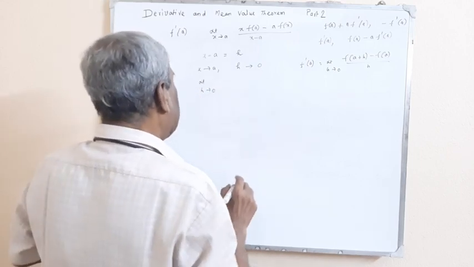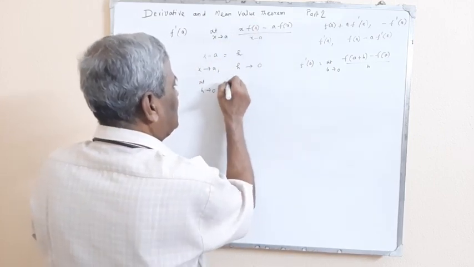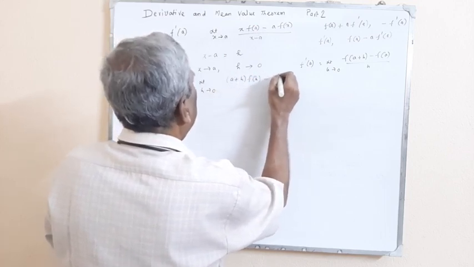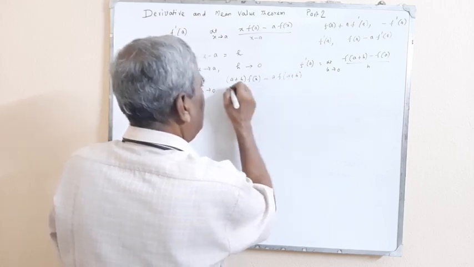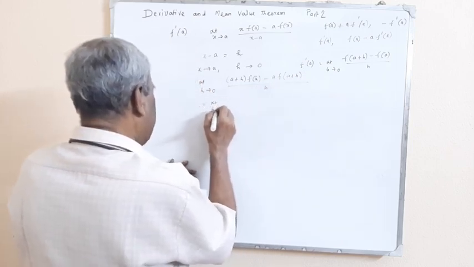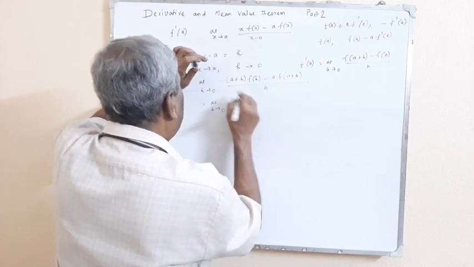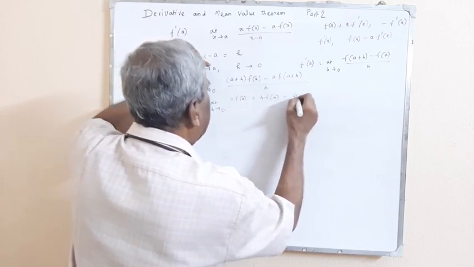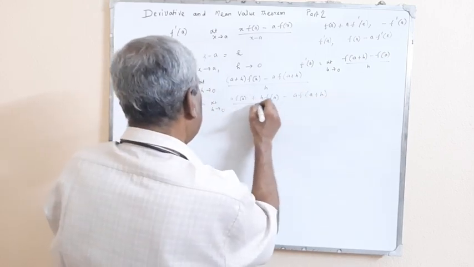Now express x in terms of h: x is equal to a plus h. So it is equal to limit h tends to 0 of (a plus h) f(a) minus a f(a plus h), divided by h.